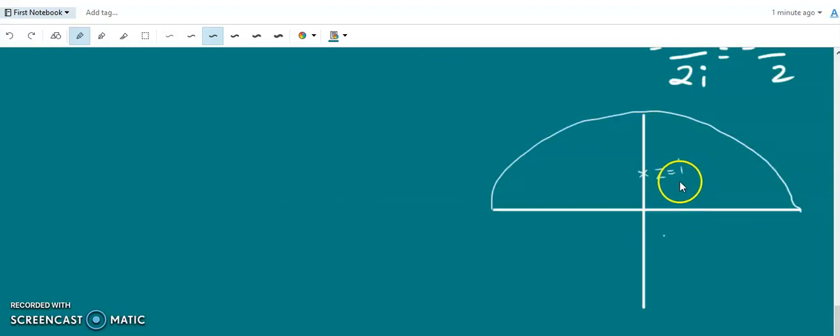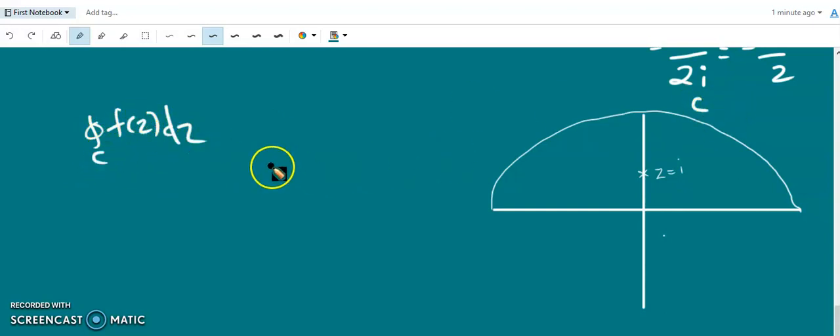Since z equal to plus I is the only singularity in the upper half plane, the closed integral of f of z dz over C, where C is the semicircular contour, is equal to 2 pi I into the sum of all residues in this contour. In this contour there is only one singularity, so we don't have to sum over the residues.